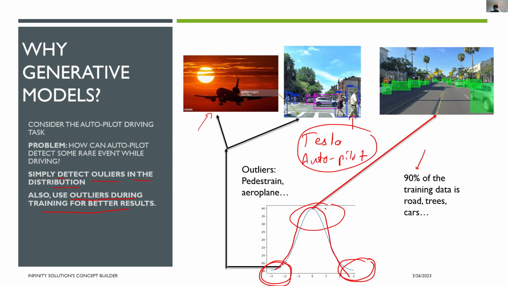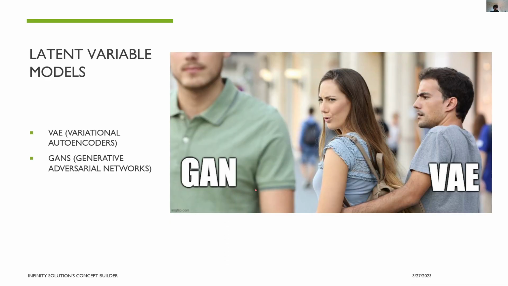There are many others, like image to image translation, or generating new images like artistic paintings. The list is endless, and I will make separate videos on all this, so don't worry. This is just a motivation video, the very first lecture of generative modeling. As I said, we will start with autoencoders, but here I have just listed variational autoencoders and GANs.